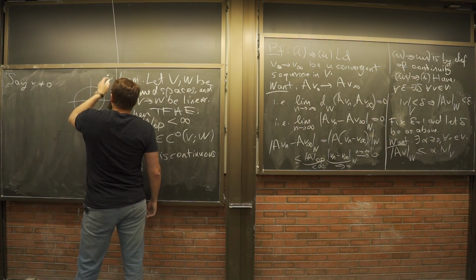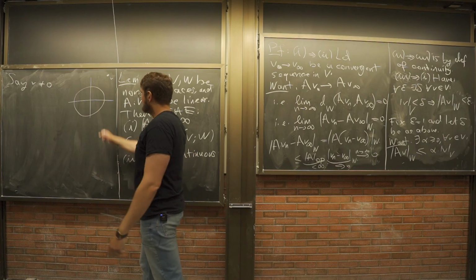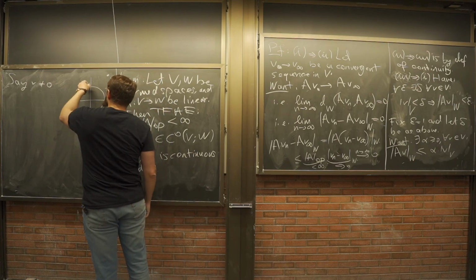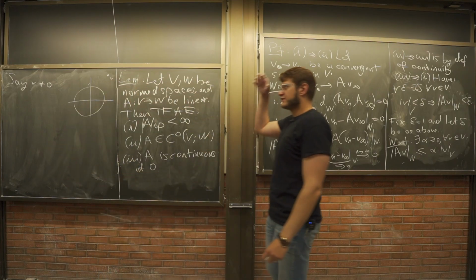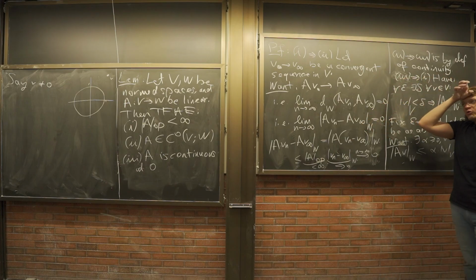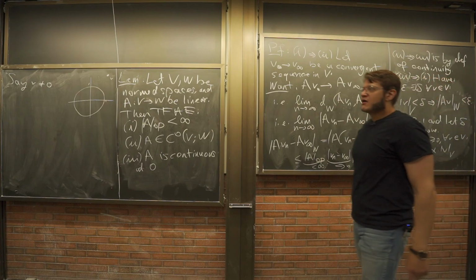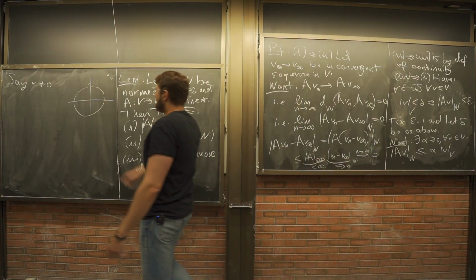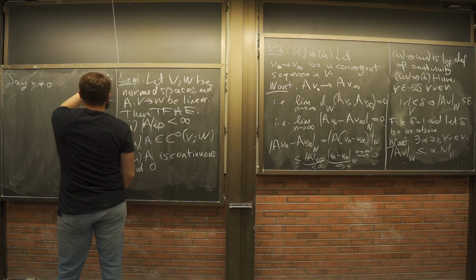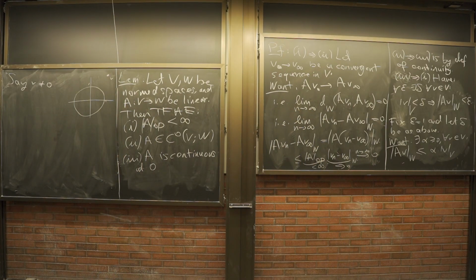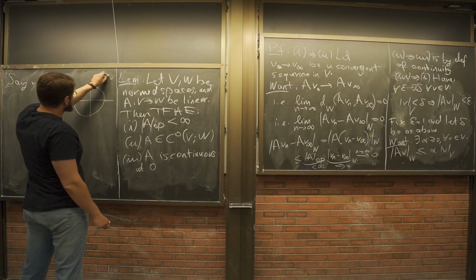Let's say here's V. And this is the unit sphere. These are all vectors that are of norm 1. Now, if I were to scale V by 1 over V norm, I would get this particular point. I'm just shrinking V to the unit sphere.